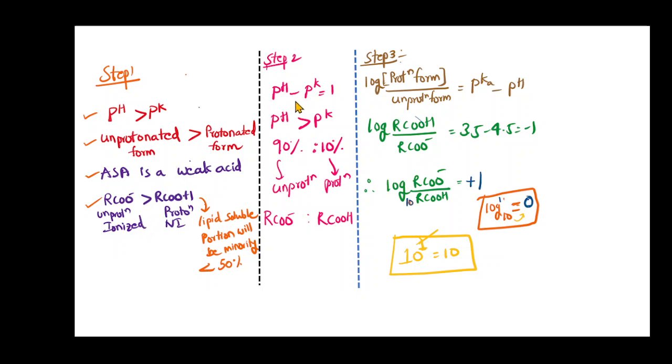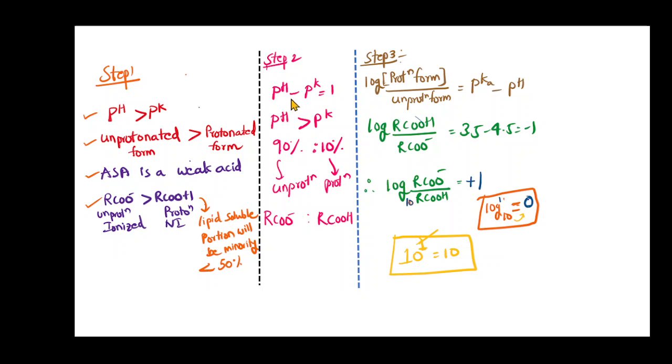Step 2, as I showed in the previous slide: if pH minus pKa is 1, 90% would be unprotonated and 10% would be protonated, the RCOOH ratio. But how to find it exactly, sir? Step 3, this is a shortcut I made.